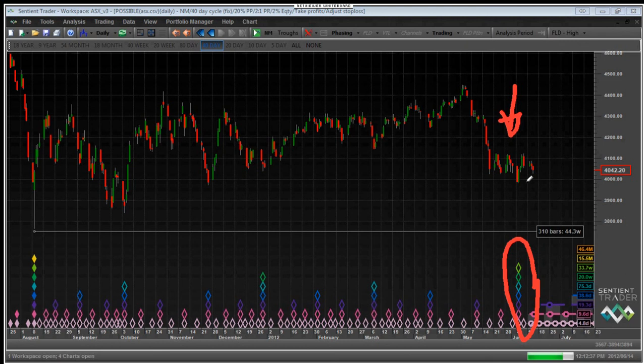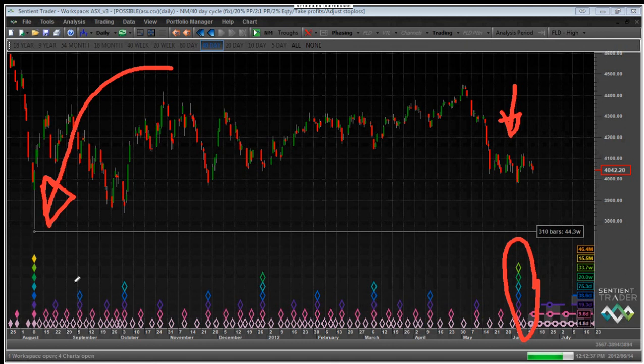Why is that? Is that because I have influenced the analysis and got it to position it there? No, it isn't actually. All that I have done is allow Sentient Trader to consider the trough in August. As you can see, in early August, I've allowed it to consider the trough in August a trough of the 18-month cycle.